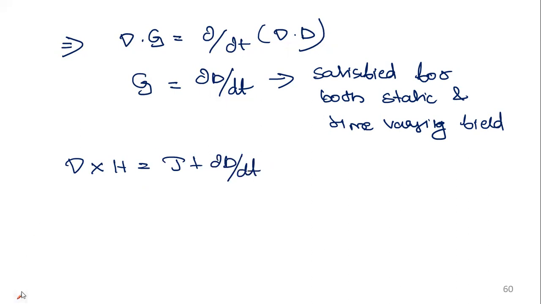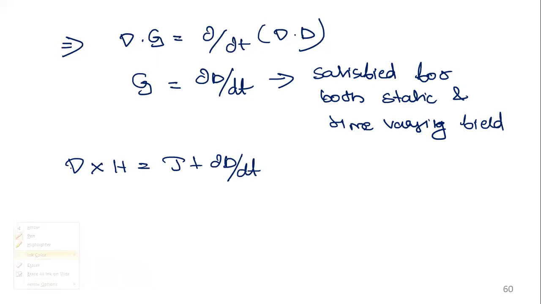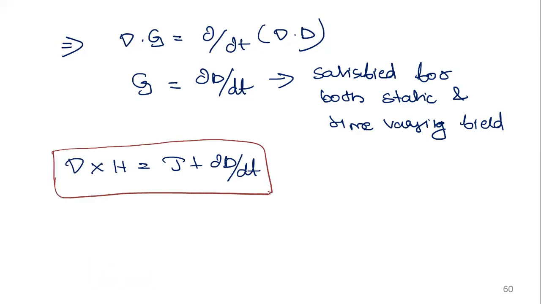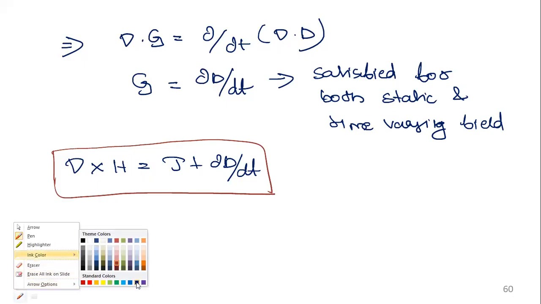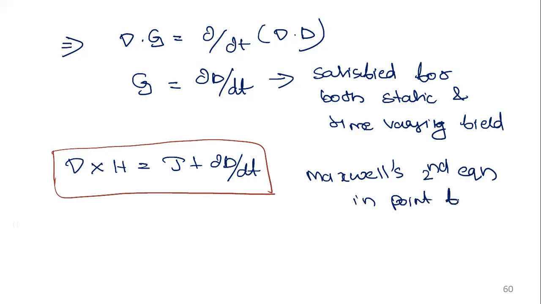So this is the modified circuital law, the modified Maxwell's equation from Ampere's circuital law. So you got the derivation also. Del cross H is equal to J plus dou D by dou t, and this is called Maxwell's second equation in point form.